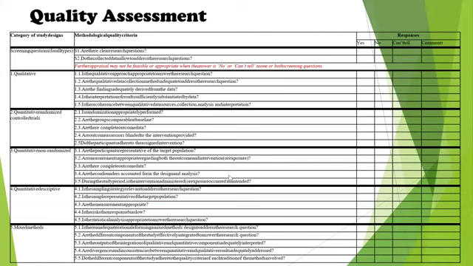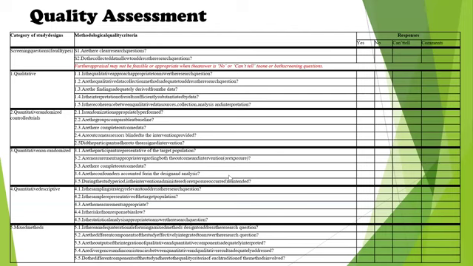Some people will even include newspapers, even blogs, social media, TikTok. They will put anything, any picture from any source, and they won't provide any references or the sources of the information. That is the reason why in a review there is a need for you to have a quality assessment. It's part of the quality review.